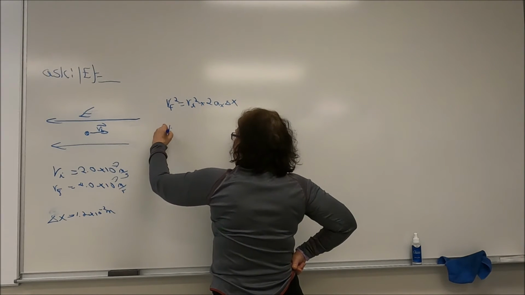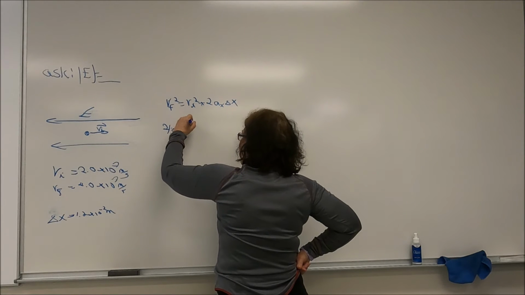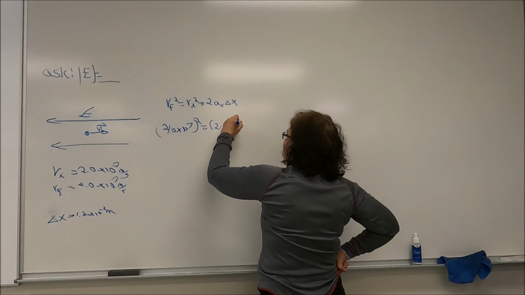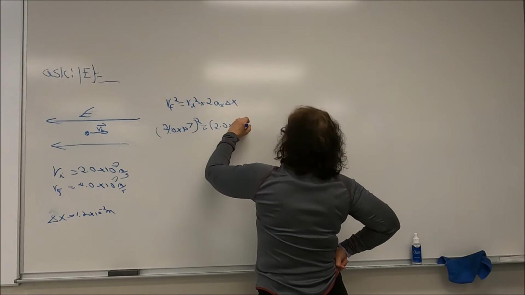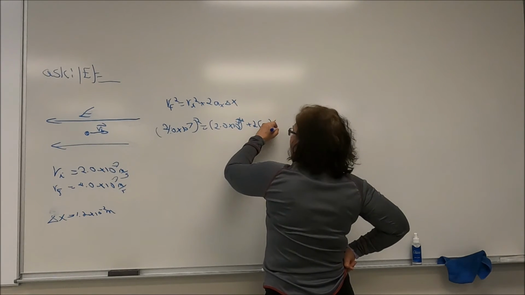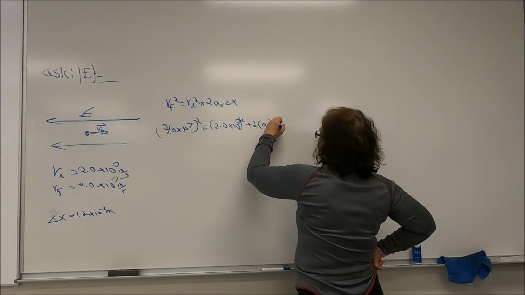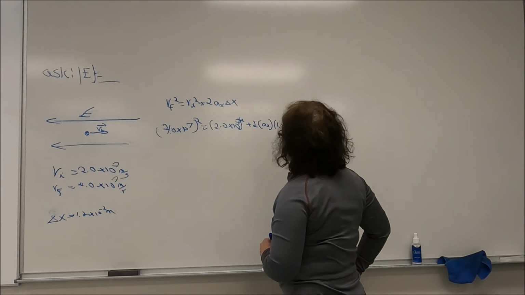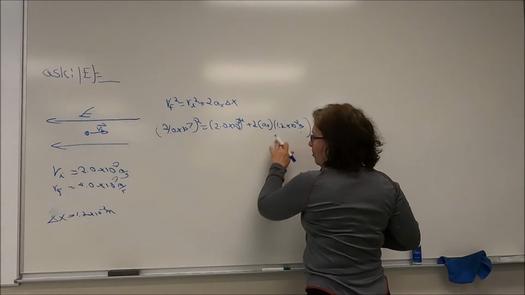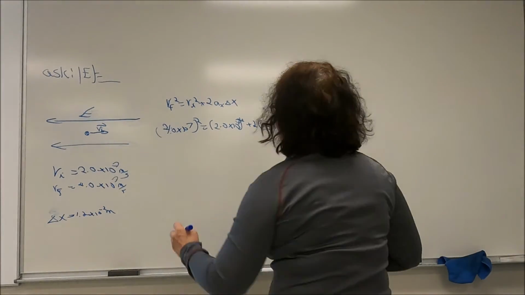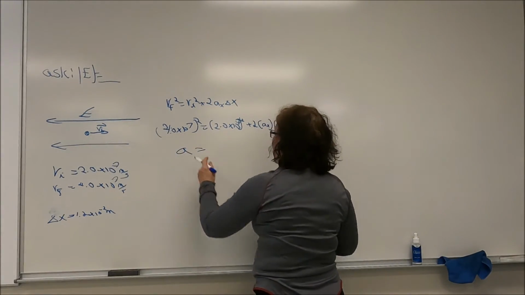So 4.0 times 10 to the 7 squared has to equal 2.0 times 10 to the 7 squared plus 2 times a_x, and delta x is 1.2 times 10 to the minus 2 meters, not meters per second. So let's figure out what a is. Didn't think these equations would slip up on you again, did you?